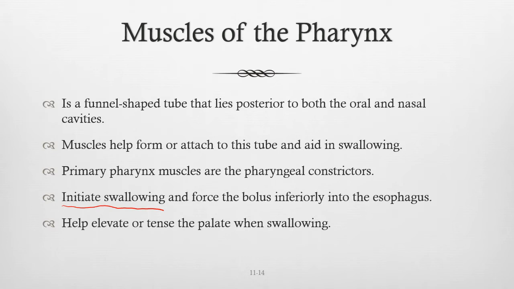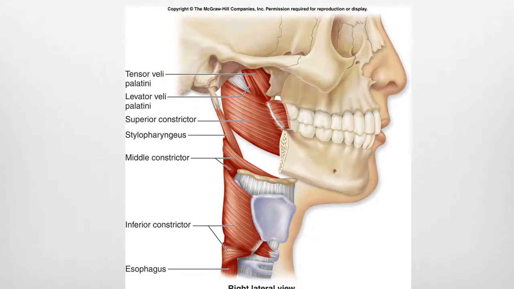In so doing, it's going to elevate the soft palate. Soft palate's going to go up. It's going to tense the palate itself so that food and liquid does not bubble back up into the nasal cavity. We keep it down there in the oral cavity. So many different muscles are involved within the pharynx itself.